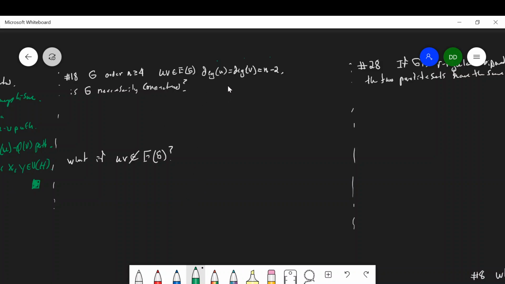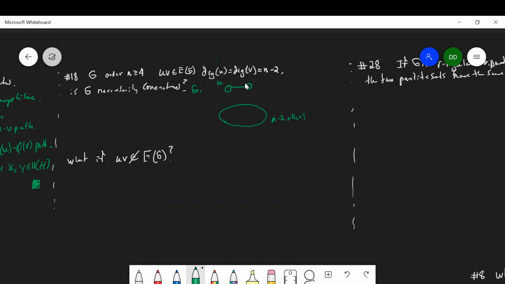So let's start drawing this out. So I have 2 vertices that are adjacent, and each is degree n minus 2. So here's my 2 vertices in my graph. That means I have n minus 2 other vertices down here. So I'll just draw a big blob to indicate that this is some blob containing a bunch of vertices, and there's n minus 2 of them.